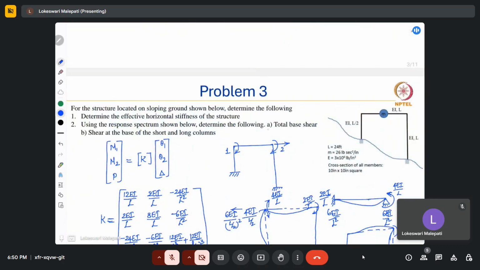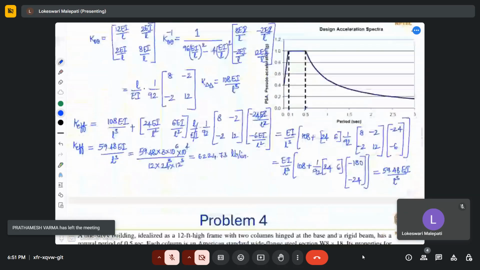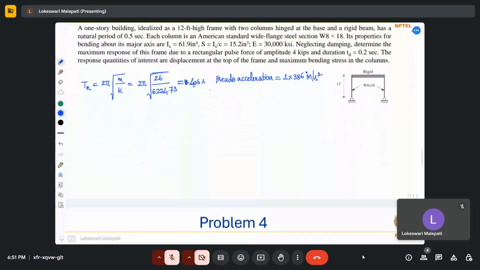First, find out the total base shear, and second, we need to find out the shear at the base of the short and long columns separately. The total base shear would be K effective multiplied by the maximum displacement, right? So base shear is equal to K effective multiplied by maximum displacement.